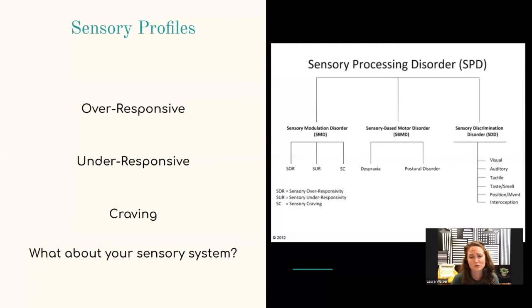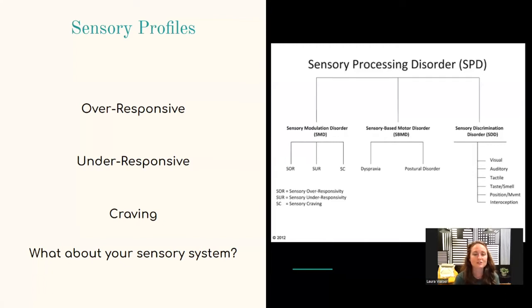So sensory is huge, and it's very complex. It's hard to talk about and hard to educate about because it is such a big piece. Unfortunately, within the last few years, I think that sensory has gotten really oversimplified or almost generalized.